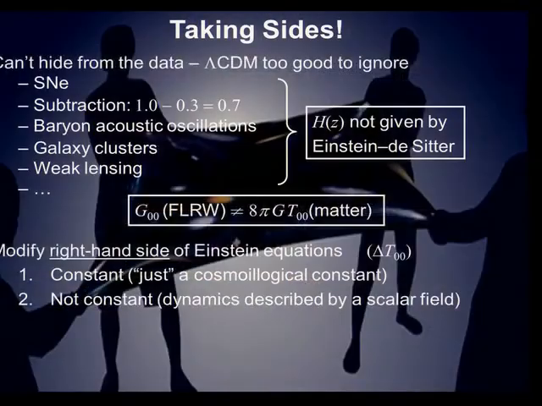So how can we fix this equation? Well, we can add something to the right-hand side to make the equation work, or we can add something to the left-hand side to make the equation work. Modifying the right-hand side, we can add a term that's a constant, which is just a cosmological constant. Or we can add a term to the right-hand side that's not a constant, that changes slowly with time, involving some dynamics.